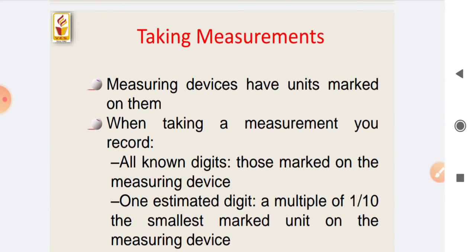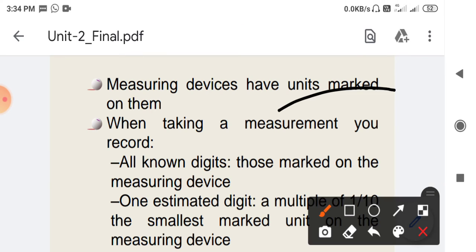So what are the various cares that you should take for the measurement? Measuring devices should have the unit marks on them. Before measuring any variable, there should be specific units which give you the idea about what readings you are going to get.